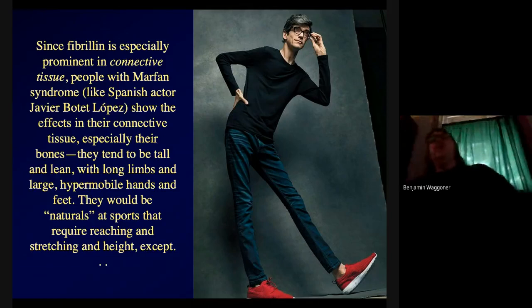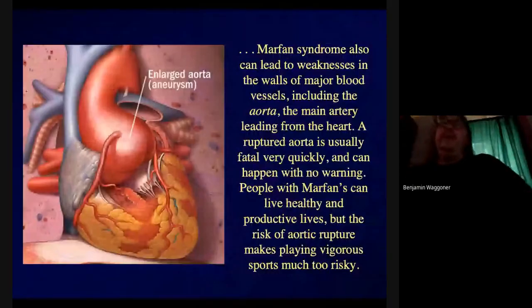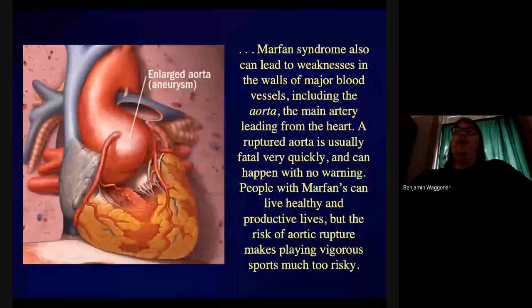Marfan syndrome also leads to weaknesses in the walls of major blood vessels, notably the main artery carrying blood away from the heart, the aorta. Here you've got a partially dissected heart, and you can see there's a bulge at the root of the aorta, like the bulge in the sidewall of a tire.